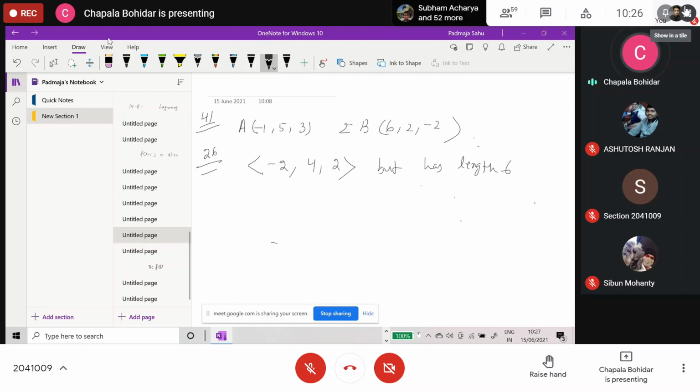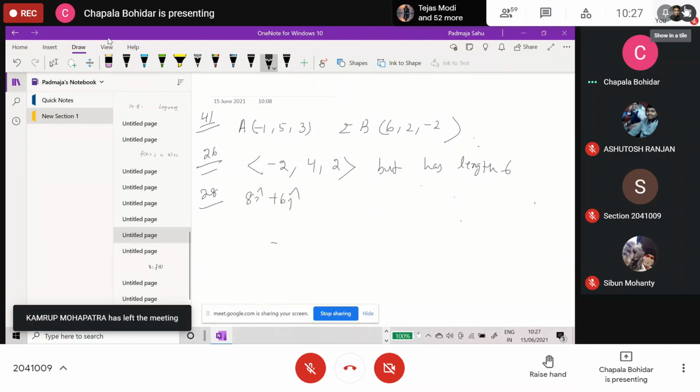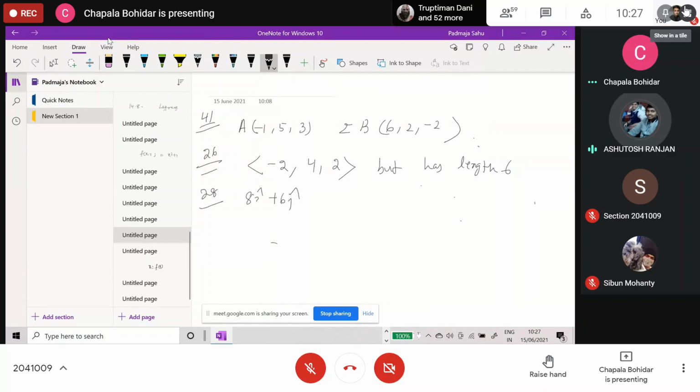Then 28. What is the angle between the given vector 8i + 6j and the positive direction of x? Do it yourself. Angle is tan inverse 3/4.